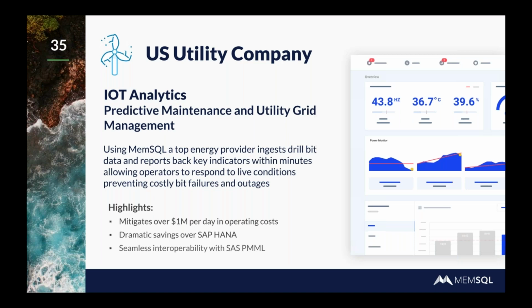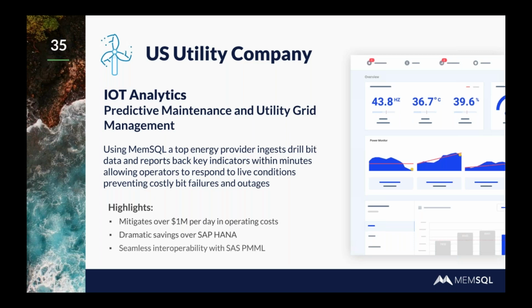And so preventing that outage saved them a lot of money. It ultimately looked to be about $1 million per day in operating costs in avoiding a particular outage such as this. And they were using a system of SAP, their HANA platform, and they saw dramatic savings in no longer having to leverage that platform.